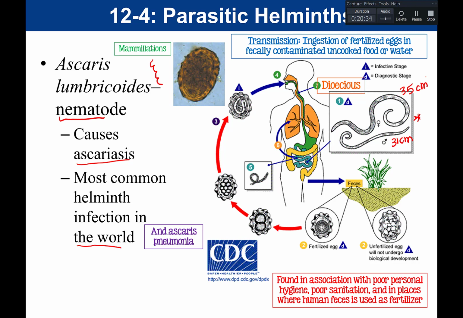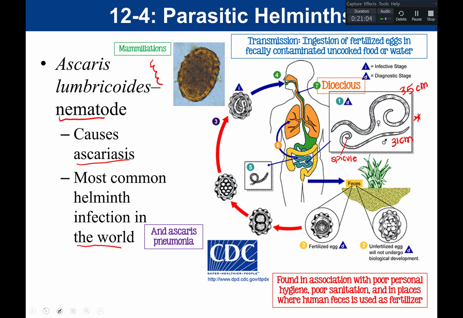Again, just like for Enterobius, what you're looking for to differentiate between male and female is the presence of the spicule. And you will see this when I show the example of the worms that we use in the lab so that you can actually see what the spicule looks like. But again, it's like this little curlicue, and that is the worm's reproductive structure.